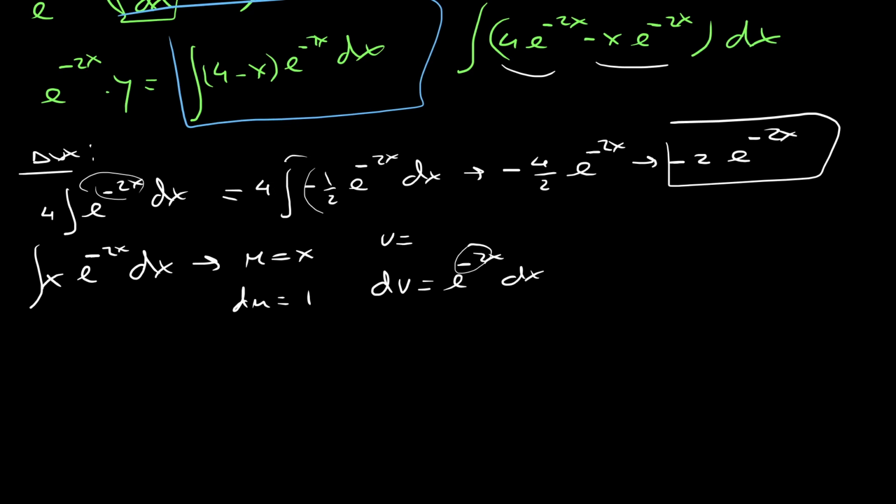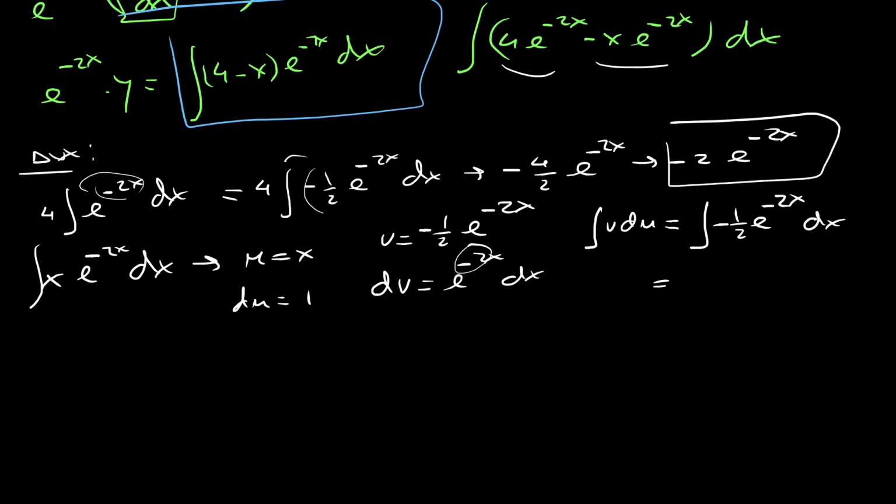So when we do that, we get minus 1/2 here, because minus 2 divided by minus 1/2 is 1. So we leave the rest of the expression as is. And finally, the last term, v du: the integral of minus 1/2 e to the minus 2x, and du is just 1, so 1 dx.